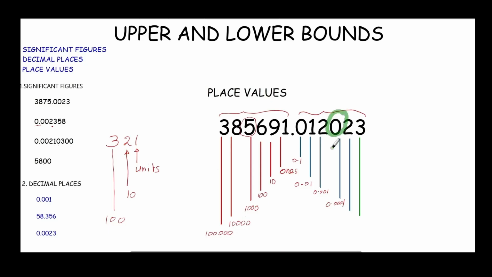Then the place value of the 10th significant figure is 0.0001 because it is the 1, 2, 3, 4, 4th decimal place. That's how we have to deal with place values, significant figures, and decimal places all together. For the next questions, you have to work with these decimal places, significant figures, and place values.